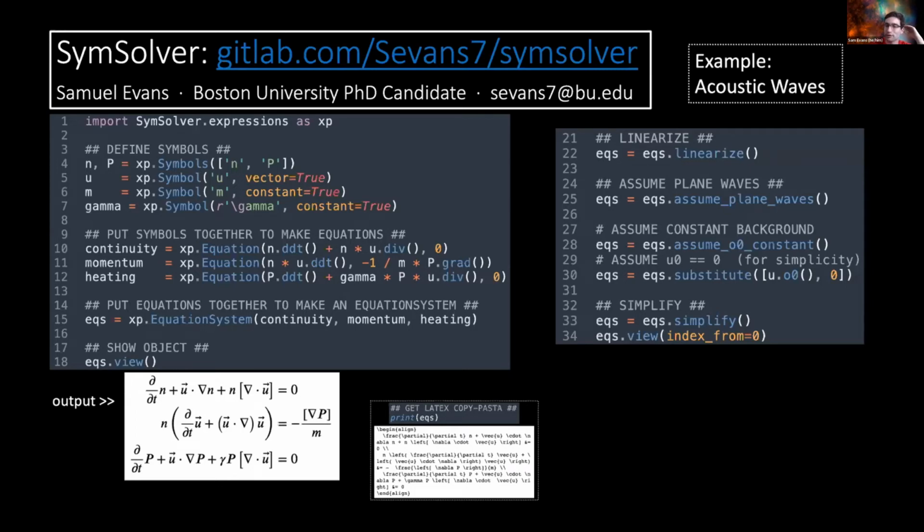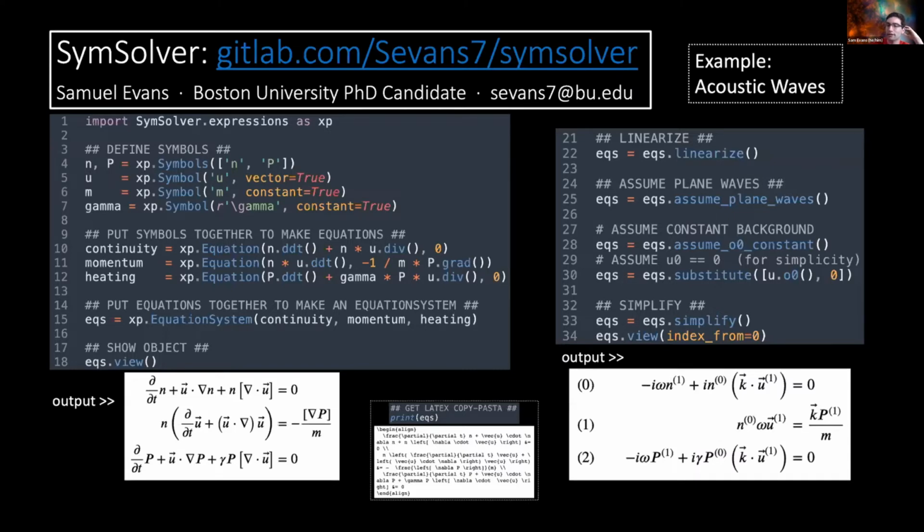For this example, I'm also going to simplify it further and say everything in the background is constant. There's no gradients of zeroth order quantities, and there's no zeroth order velocity. If I do that and simplify a bit, all using the code, this is all happening from just these commands, I get the linearized form of these equations.